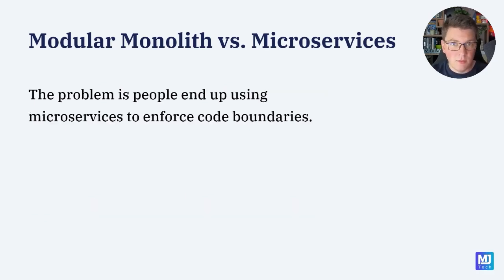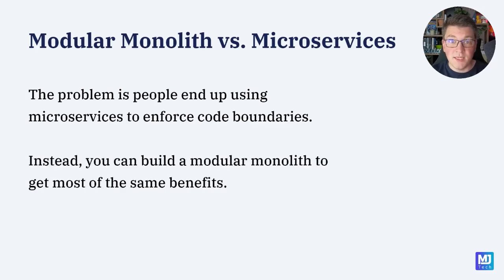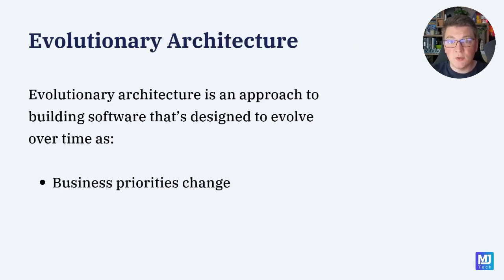However, a big problem is that people end up misusing this quality of microservices, and they build microservices to simply enforce code boundaries. Instead, you can just build a modular monolith, get most of the same benefits of microservices without any of the complexity. And this ties very nicely into the concept of evolutionary architecture.